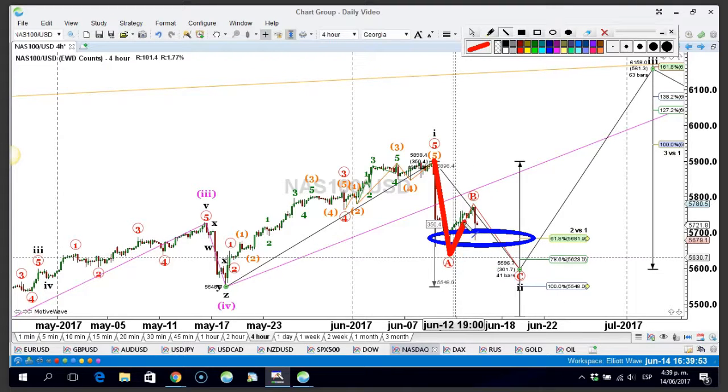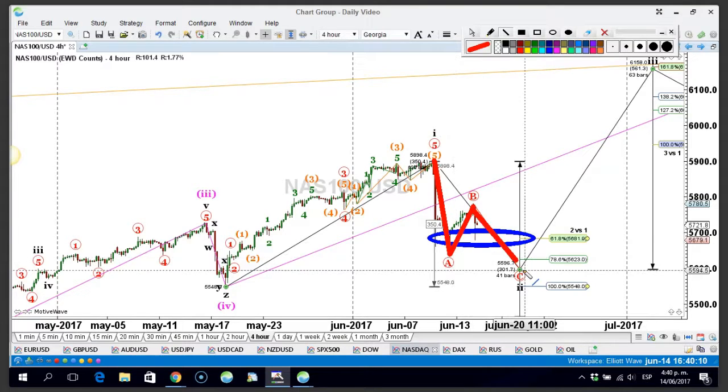Then the B wave started, and because we use harmonics in combination with Elliott wave, the next level is a precise target. When we combine the harmonics with the Elliott wave theory, we create this fantastic combination where we can know precisely the target that we are looking for.